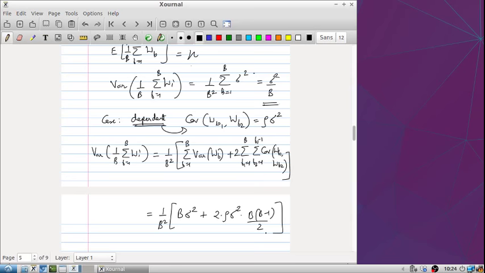This summation is basically saying for B1 equal to 1, there is no counting. For B1 equal to 2, I'm going to count 1. For B1 equal to 3, I'm going to count 1 and 2. So it's like the sum of the first few numbers.